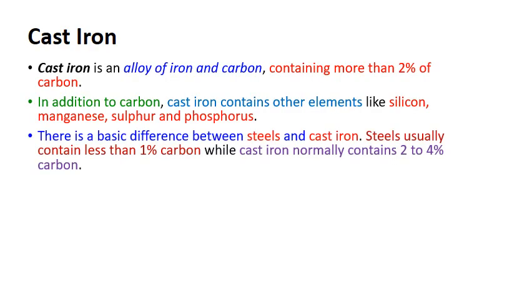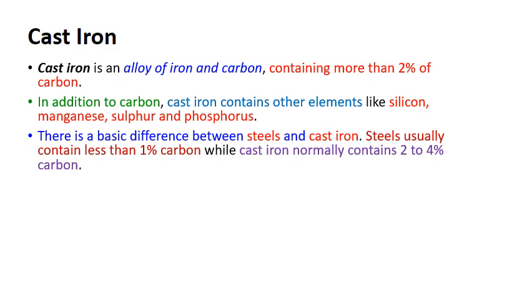So we have something called a steel, right? What is the difference between the steel and cast iron? Steels basically contain carbon less than 1%, and cast iron contains more than 2 to 4%. So this quantity brings an enormous difference in the mechanical properties of steels and cast iron.